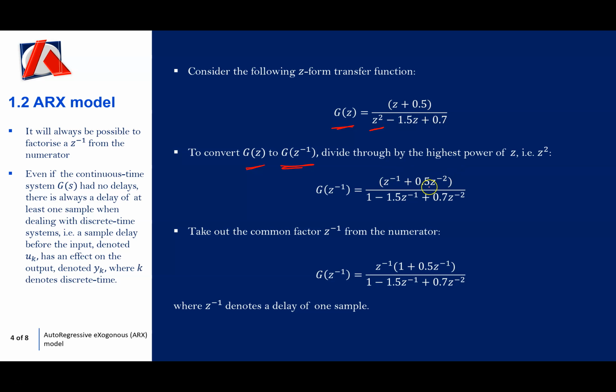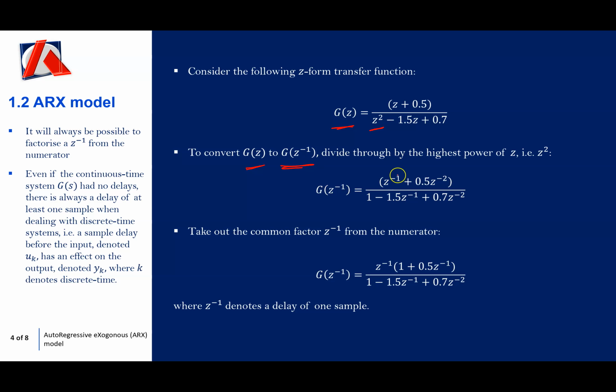There's no z term here, so you just get z^-2. z squared over z squared gives you 1, minus 1, and likewise on the numerator it gives you minus 2. That is your transfer function subject to G(z^-1).